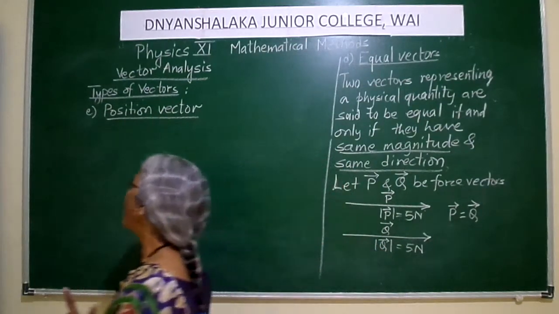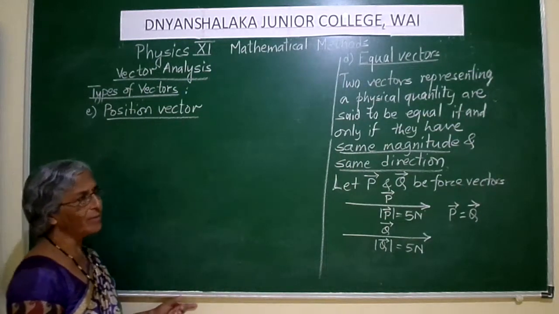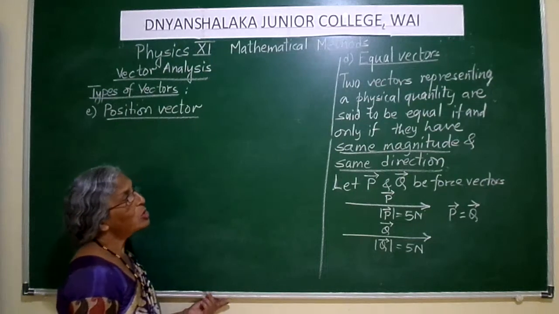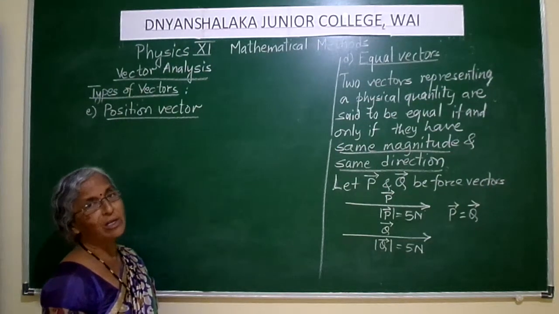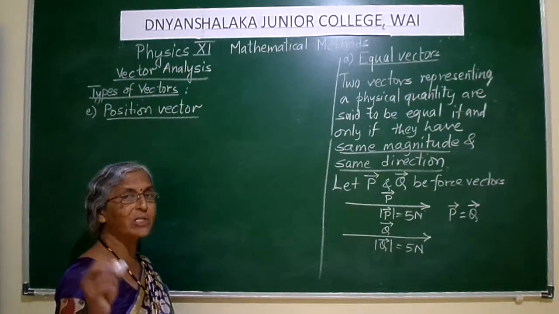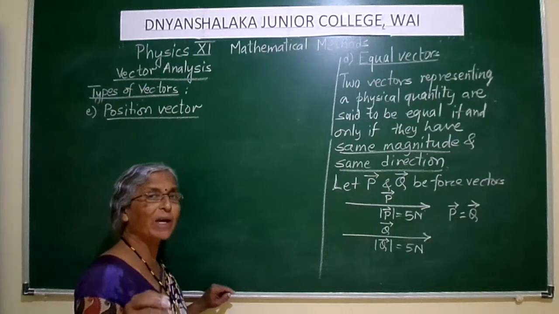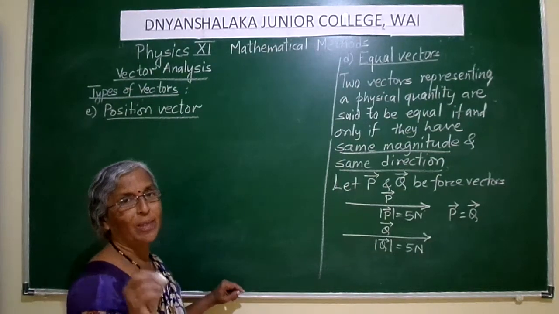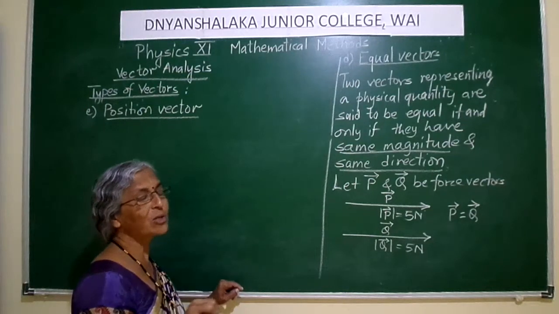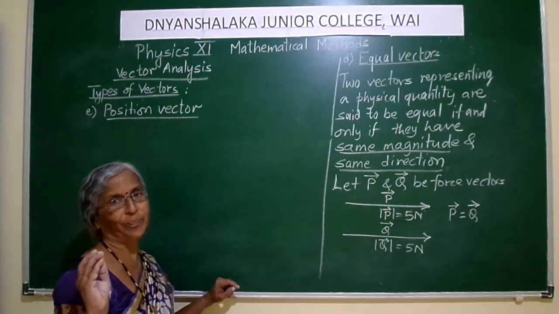So let me first make you understand this and then we will write it down. So what are we saying? Position vector is a vector which gives the position of a point with respect to a selected origin. Now this origin is of the selected coordinate system.